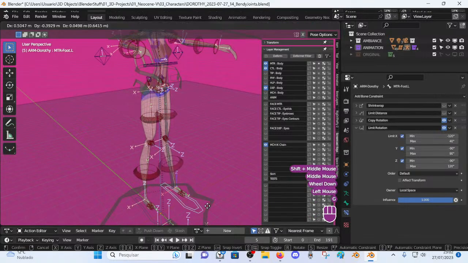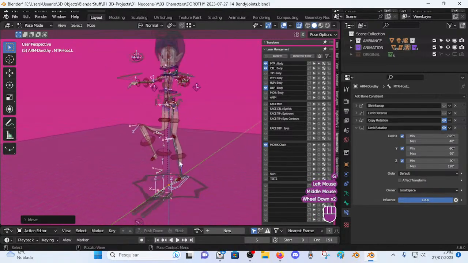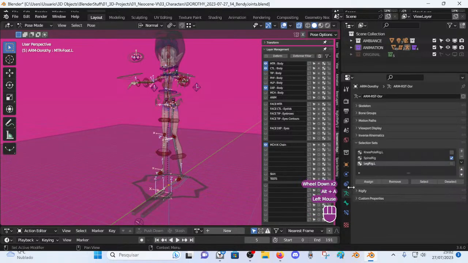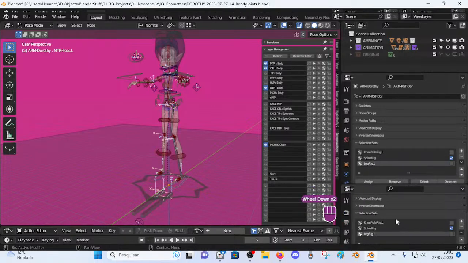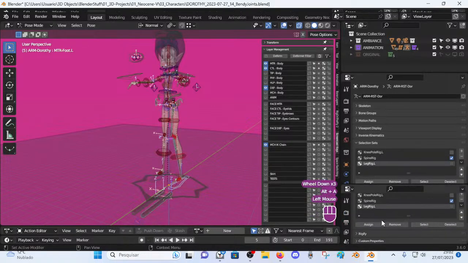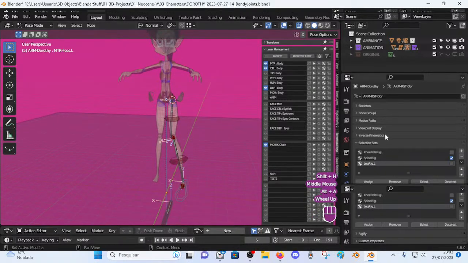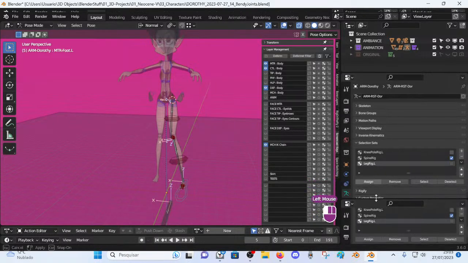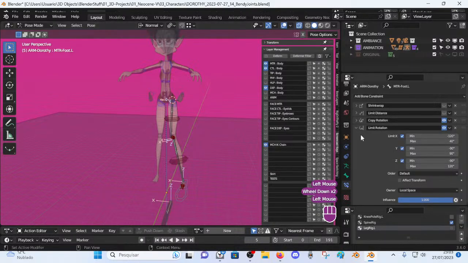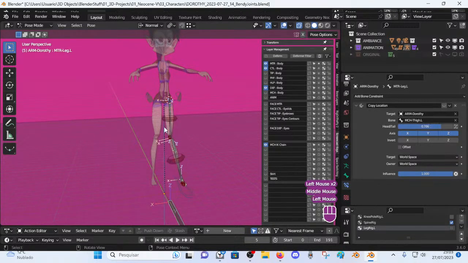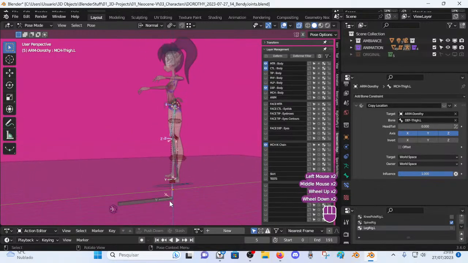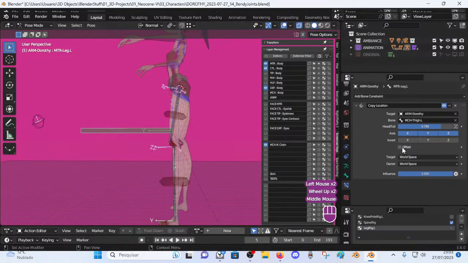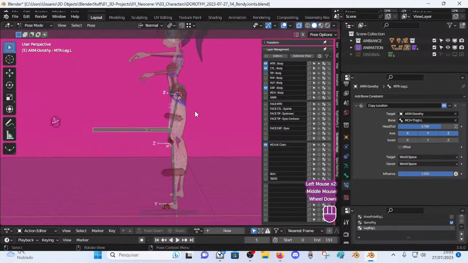Then, okay, I have to get here just in case. We'll split that and get the selection sets. We select this and there we go. And here we look for the bone constraints. That's it. So I was attempting with the offset, right? The copy location and offset, which was actually a pretty bad idea.